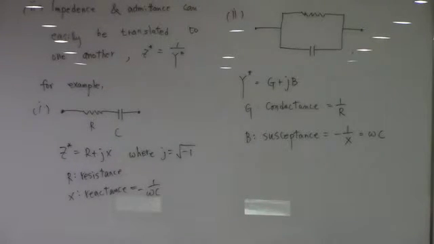And then that's going to be R over R square plus X square minus JX over R square plus X square.